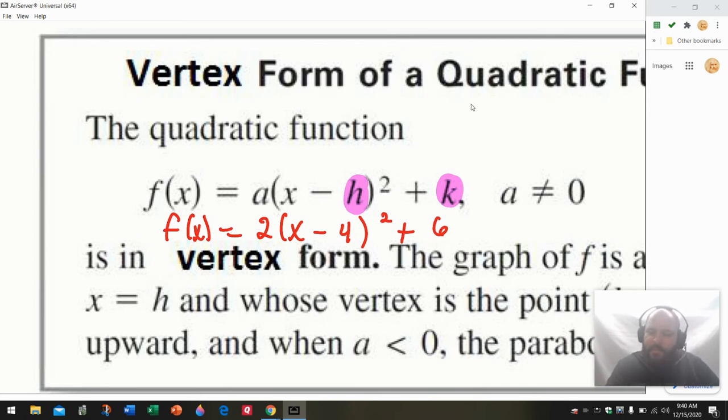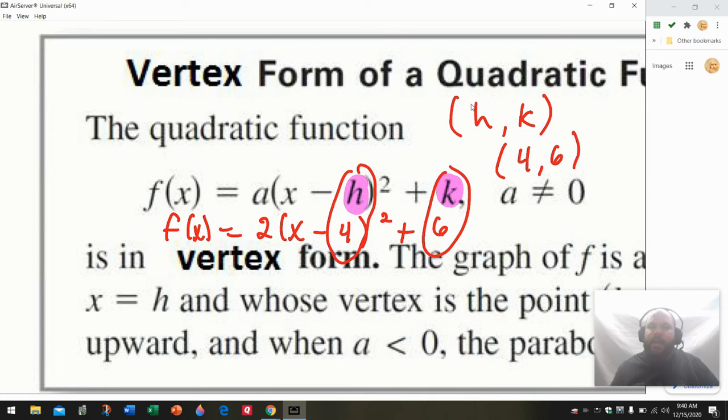So there would be a quadratic equation in vertex form. And this is the really important one. The h and the k are where the vertex of the parabola exists. Okay, so in this particular case that I wrote under here, the vertex would be 4, and it's not -4 because the formula itself has the minus in it. So it's just 4 and then 6. 4, 6.